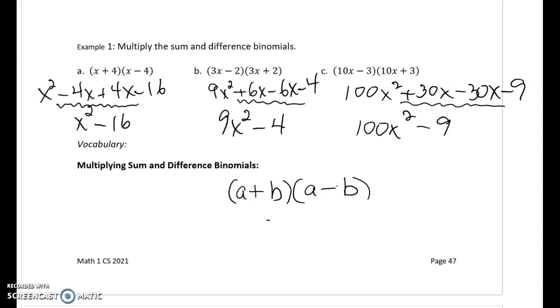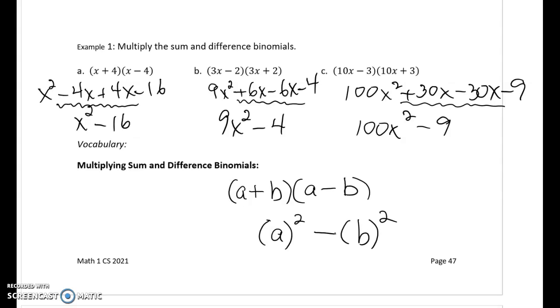So here's your little shortcut. The 2 terms in our answer are simply the terms in the problem squared. We're also going to notice that in our final answer, the sign is always a minus.